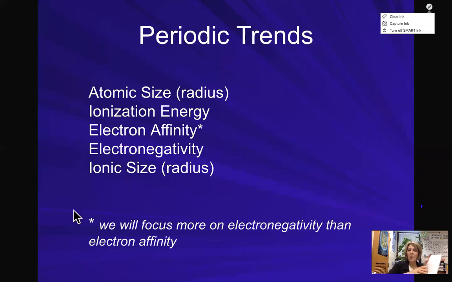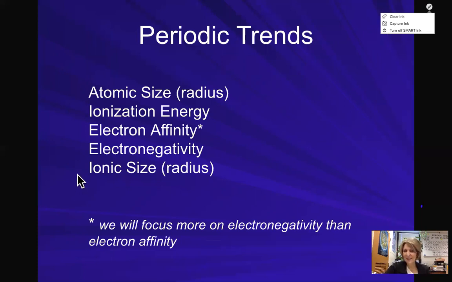So now I'm going to give you a quick definition of the vocabulary terms we're going to work on. These are the concepts that show a periodic trend. In other words, they show a pattern. And 3 of these are going to be especially important to us. I'm going to give you a quick definition, and then we're going to go on and explain more.